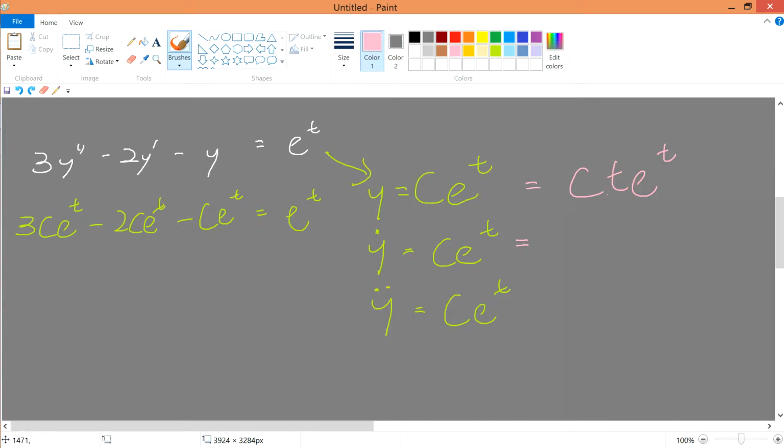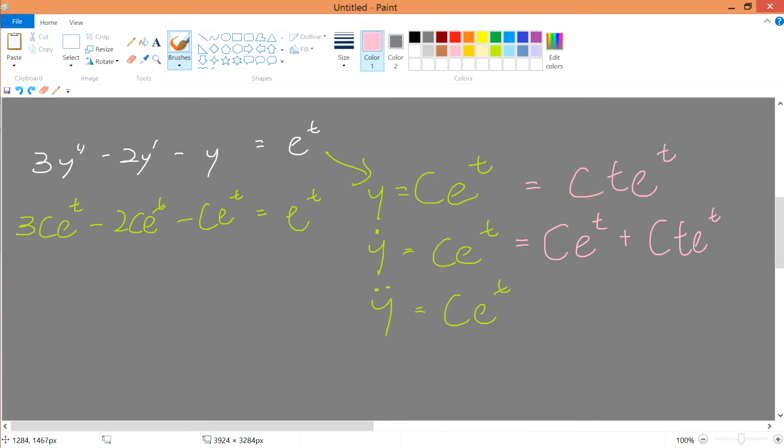Be careful that this is the product rule already, because you have two terms, t in front of another variable. So I differentiate Ct, I have C, and I keep e^t, plus I differentiate e^t, I keep Ct, I have Cte^t. As you can see, you're creating one new extra term over here.